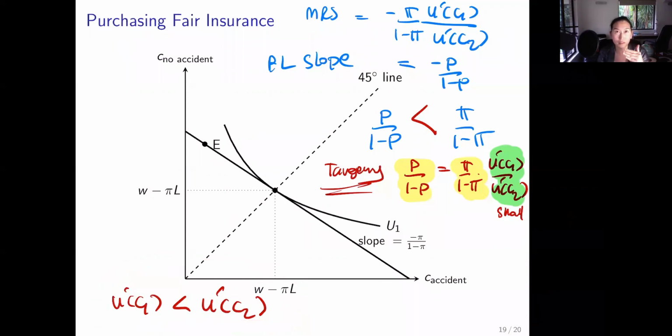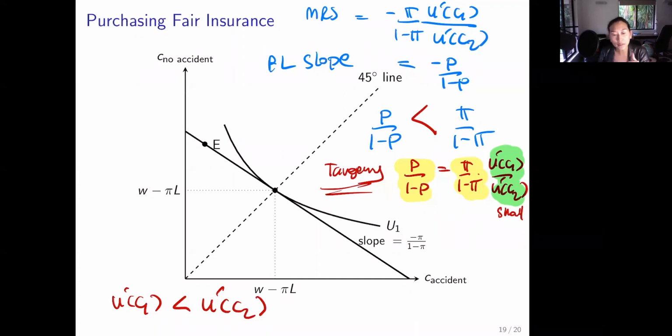When you are risk averse, the MRS gets smaller with larger values, so the bigger the value of C, the smaller the MRS. For risk neutral, the size of C doesn't matter, the marginal utility stays the same because it's linear.